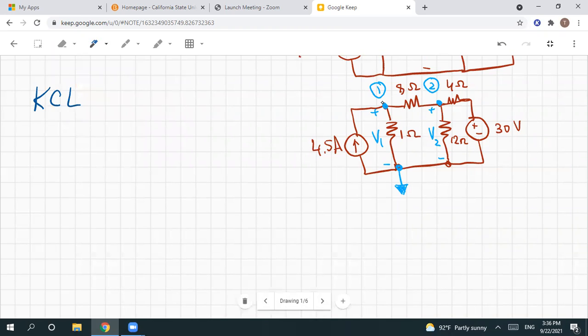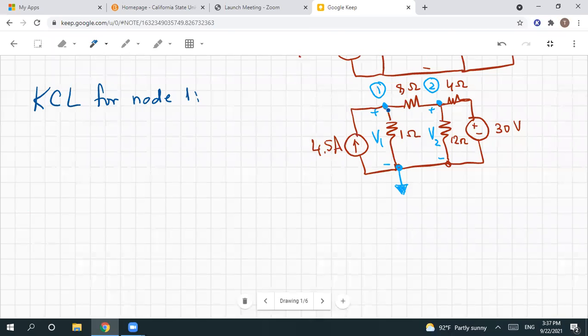So we need to write KCL for node 1, and then we will write it for node 2. While writing KCL for any node, you need to consider that all currents are leaving the node, except the currents of the current sources, because they already have their direction, so we need to take their direction.